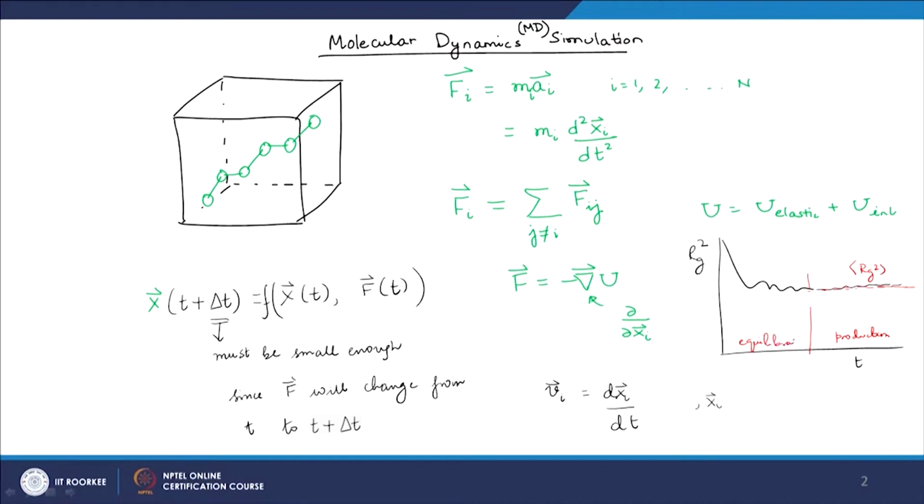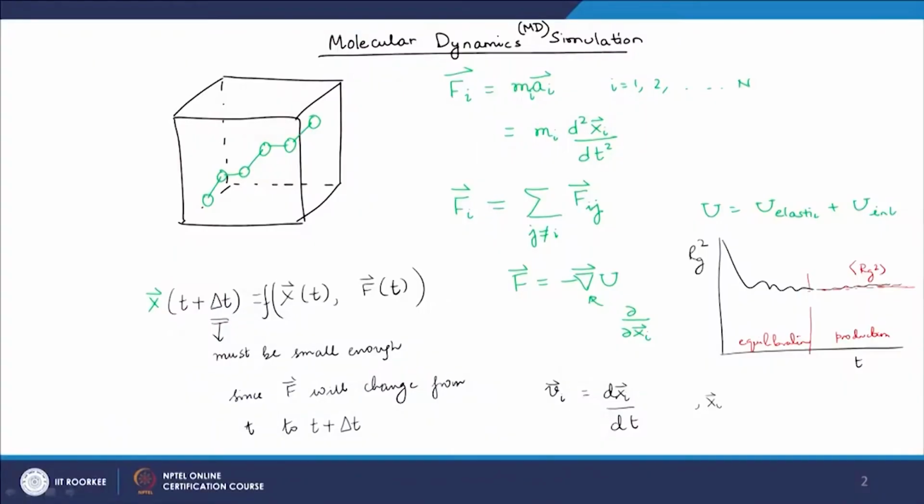So, although the methods are apparently very different, the end result in terms of static properties comes out to be the same. If however, I look at dynamic properties that depend on velocities like diffusion coefficient, it turns out molecular dynamics can give you diffusion coefficients, Monte Carlo cannot, because there is no actual time in the Monte Carlo simulation.